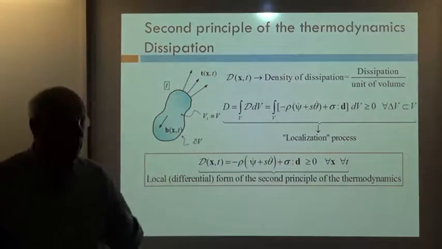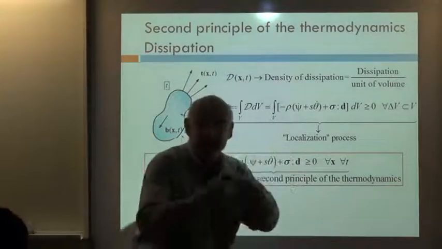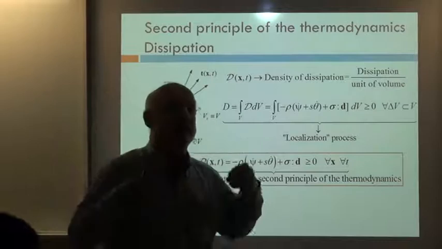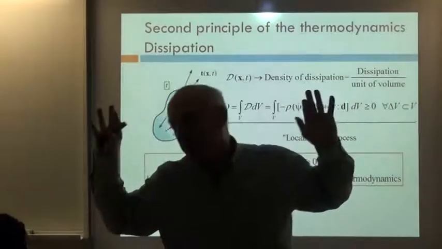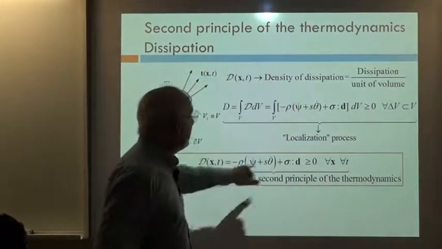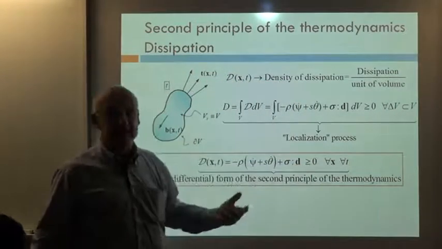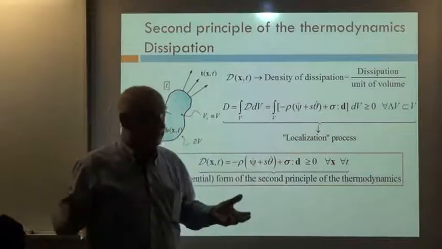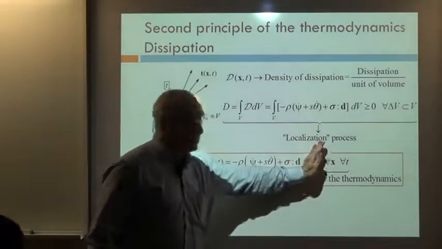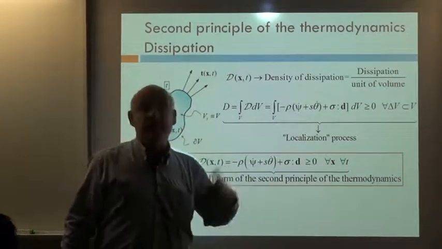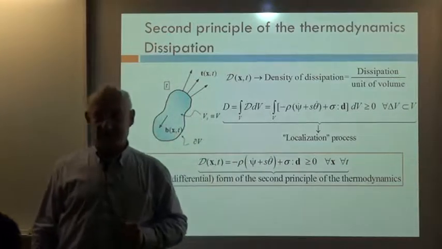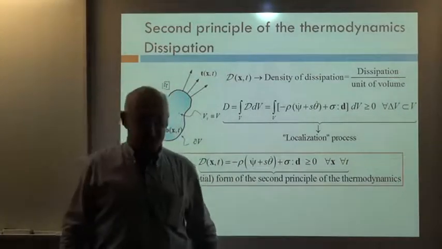In other words, every physical process not fulfilling that can be imagined, but it cannot happen in our universe. Maybe in other universes, but not in ours. That discriminates: imagine a process, compute the dissipation, compute this result. If it's greater than 0, it can happen, or equal to 0. But if it's smaller than 0, this can never happen. That is the genius of the second principle of thermodynamics.